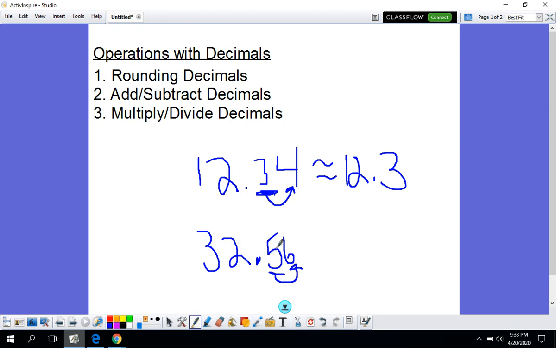When I round up, I think of, well, what's the next 10th? If I have 5/10ths, well, the next 10th is going to be 6/10ths. So the 32 and 56 hundredths would round to 32 and 6/10ths.